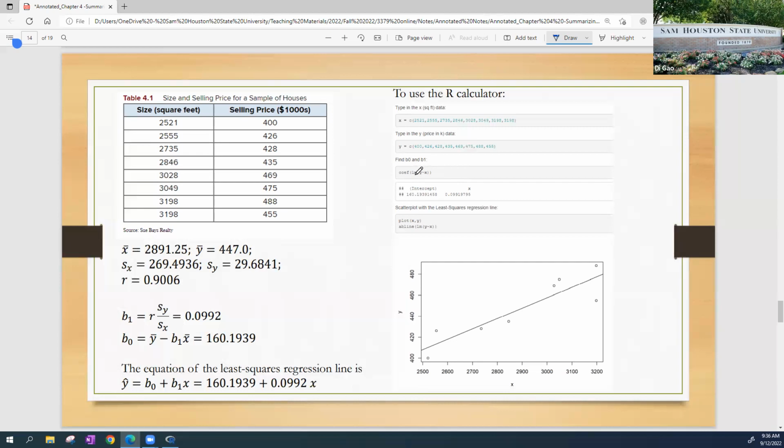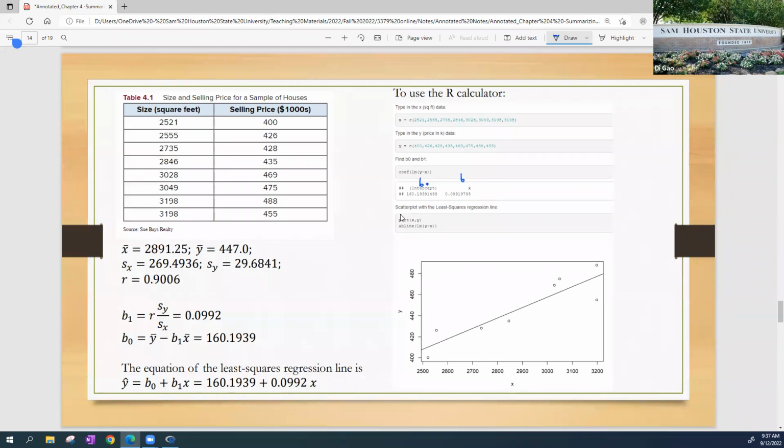It's one type of linear model. So in R, we say linear model Y tilde X. That'll tell R to calculate B1 and B0 for us. So the intercept is the B0, right? This is B0, and then the slope is B1. So that's what we get from the R calculator.